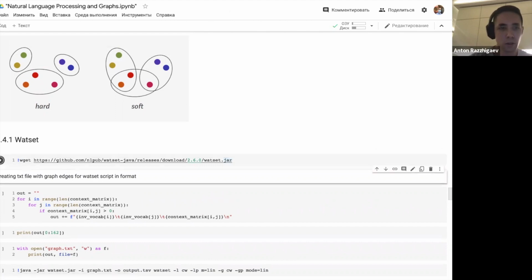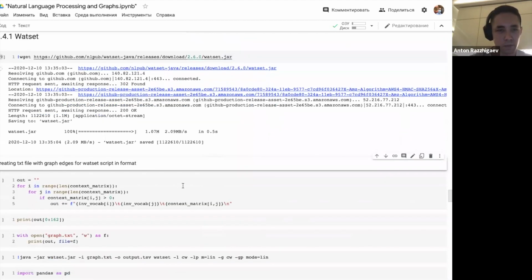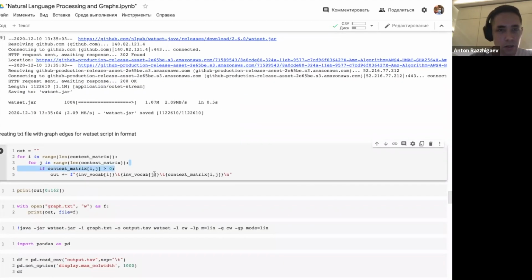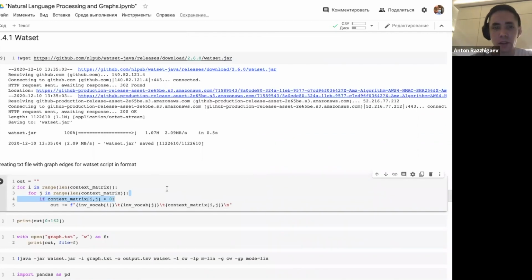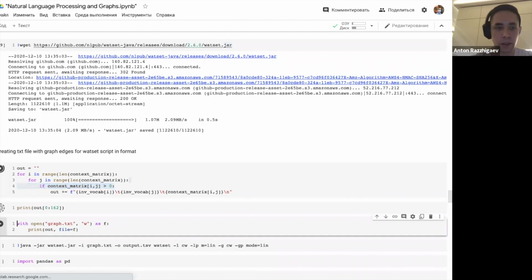So we just download this jar file. This algorithm takes as input a matrix, a file in a very special format.